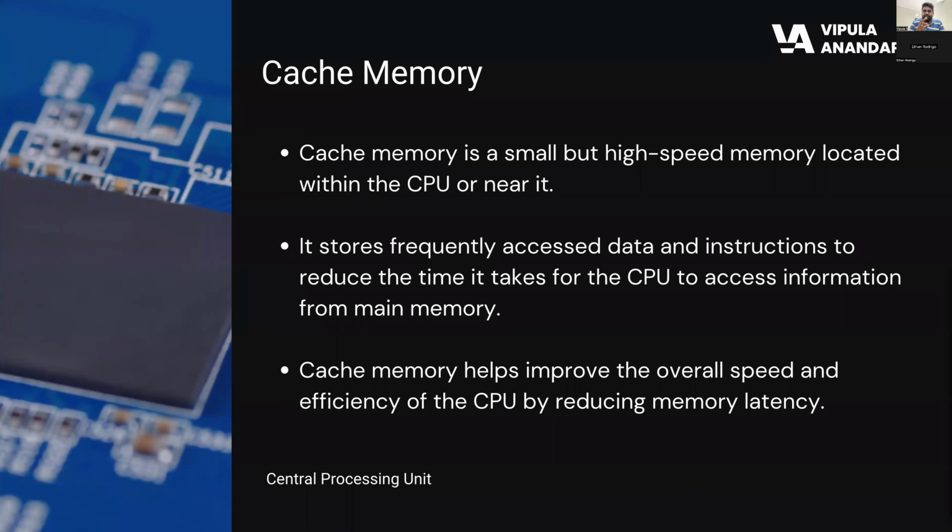So what this does is it's kind of like a small but high-speed memory located within the CPU, or it can be near it. සමහරවිට CPU chip එක ඇතුළෙම තියෙනවා. Sometimes it comes as an external unit or a device for the CPU. So what it does is it stores frequently accessed data and instructions to reduce the time it takes for the CPU to access the information from the main memory.